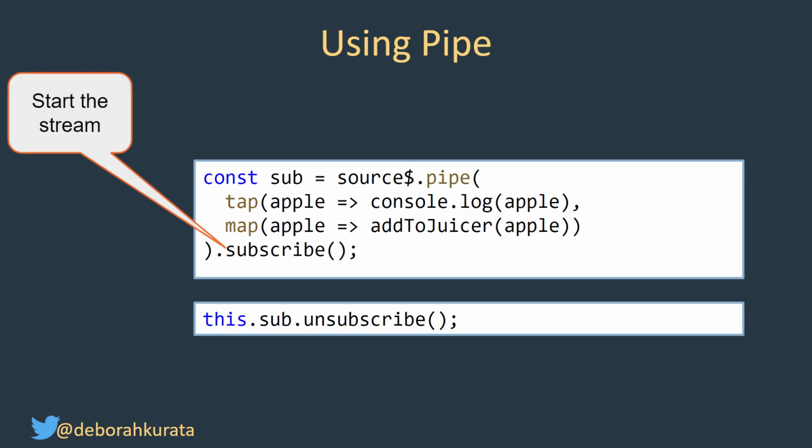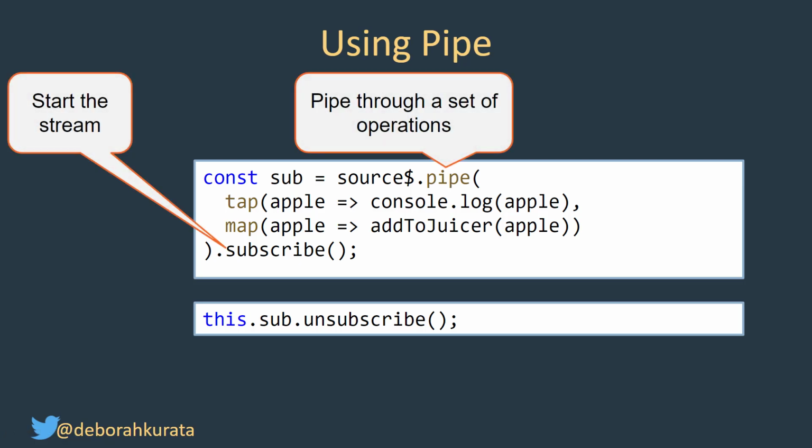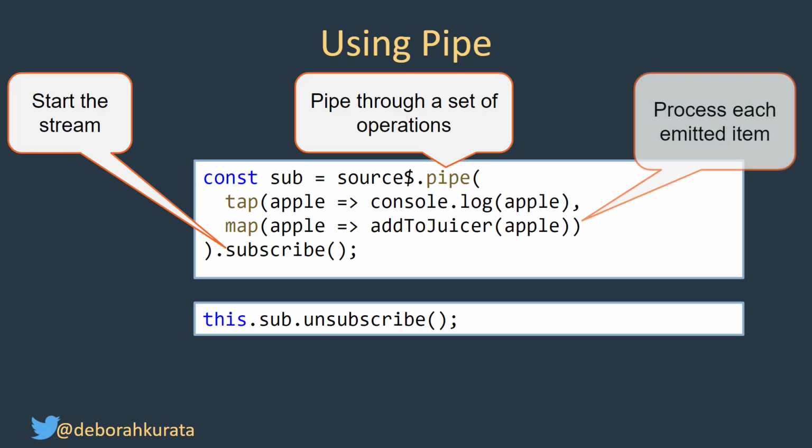So we start the stream with a subscribe, then we pipe through a set of operators. So there's our tap, so we're just logging out what we are getting from our source, and then we're mapping. We're calling add to juicer to manipulate that apple into juice, and then we're subscribing. Then we're using the map to process each of the items.